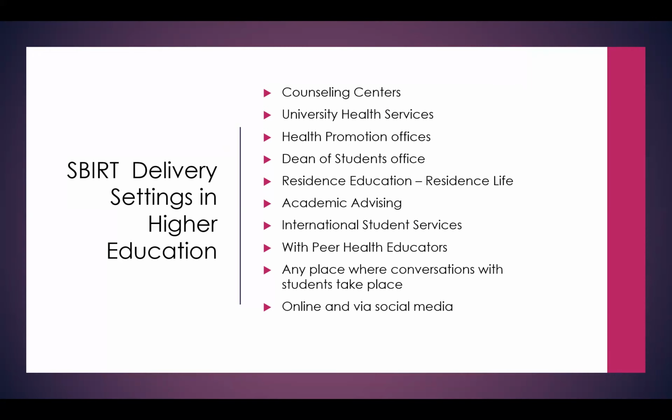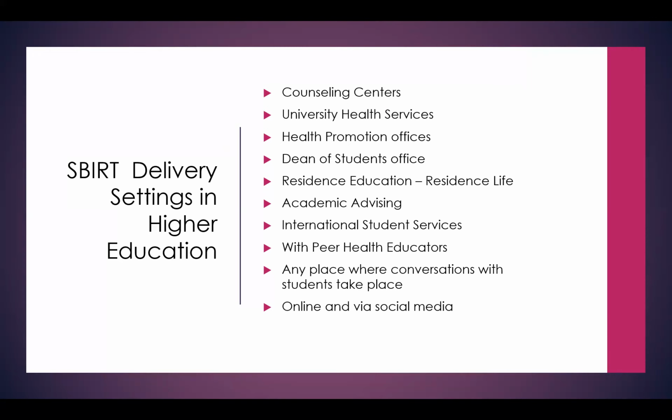So on this slide, you see a list of different ways that one can deliver SBIRT. Probably the most obvious way is delivery in person, and that too can be done in different settings: in a health center, in a counseling center, in a residential life setting, in a health promotion setting.